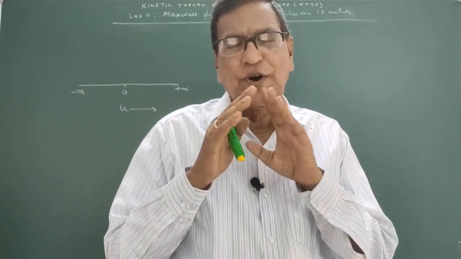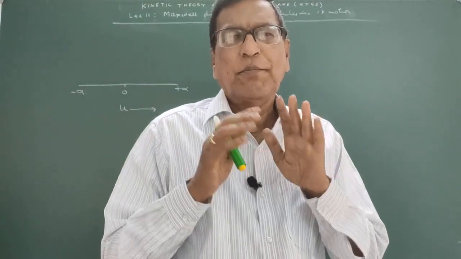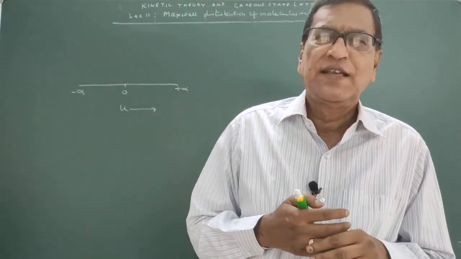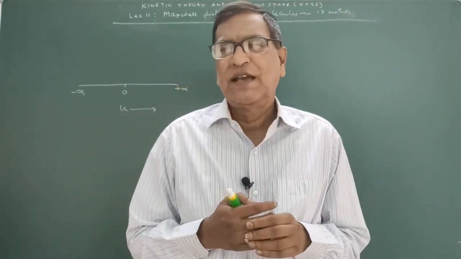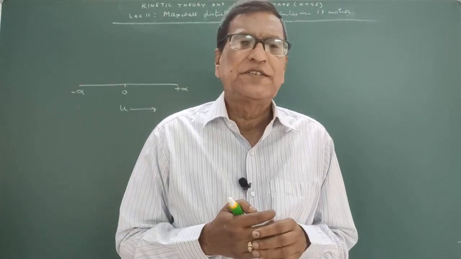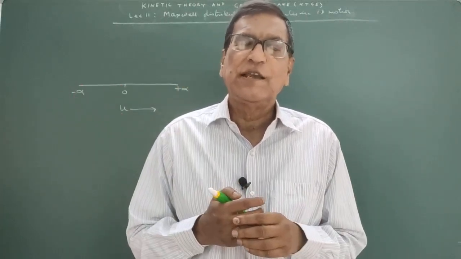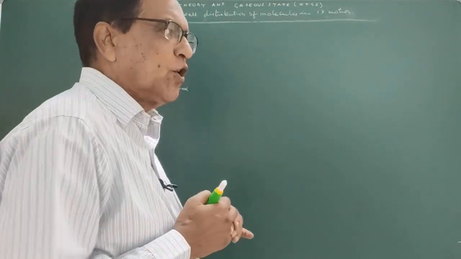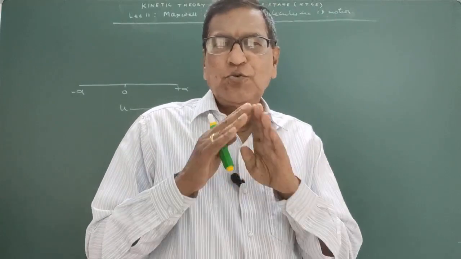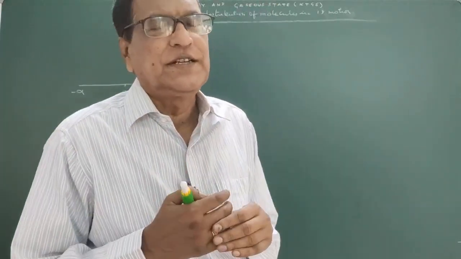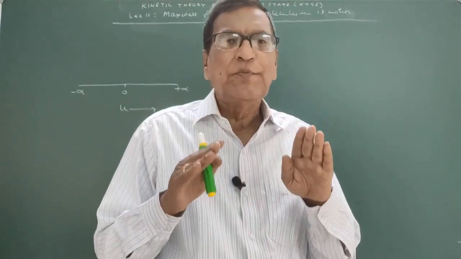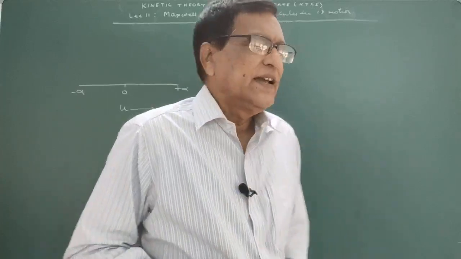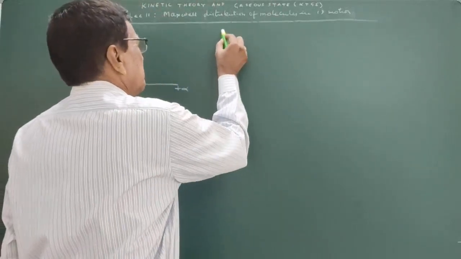Now, what will be the form of the Maxwell distribution of molecules in one-dimensional motion? This one dimension has been taken along this x-axis with this velocity u. So the probability of a molecule to have the velocity u to u plus du, this small range along this x-axis, can be given as the probability.